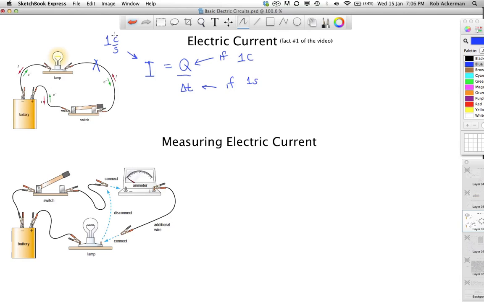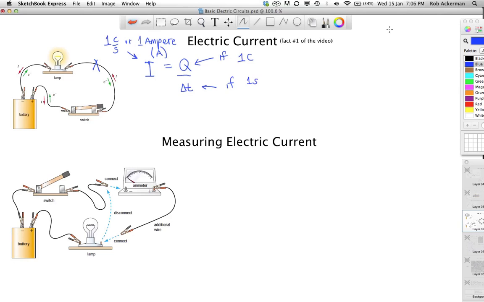But a coulomb per second is given the name amp, 1 amp, or 1 ampere, which I believe is a French word. That's why I'm going with my French guess for what the letter I stands for. The letter that we use for ampere, of course, is A, and this is what we mean by electric current.